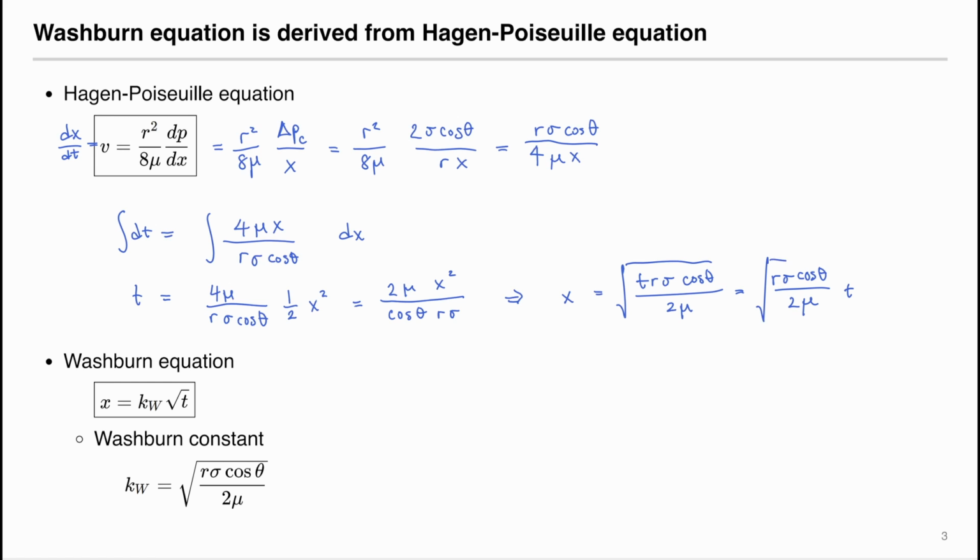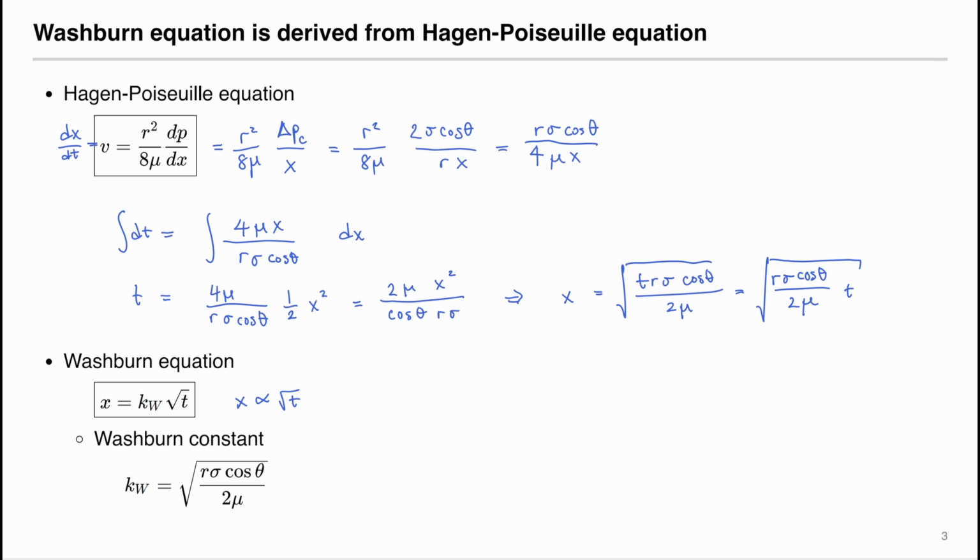And this is called the Washburn equation. The Washburn equation says that the length, the wicking position, is equal to a constant called the Washburn constant multiplied by the square root of time. So the position is proportional to the square root of time.